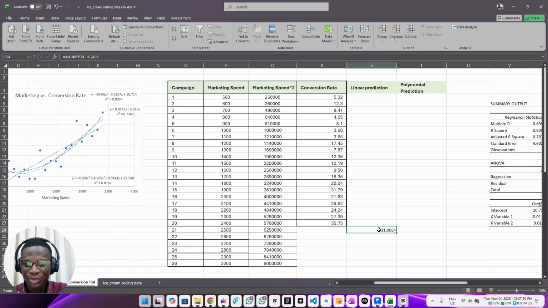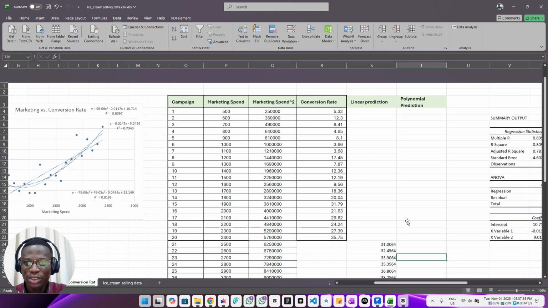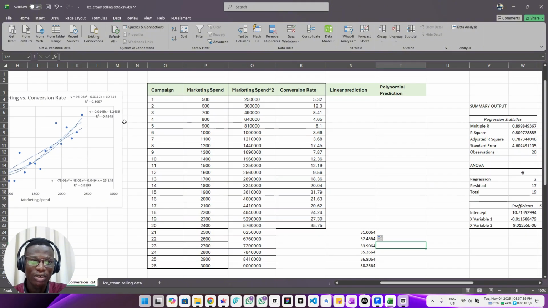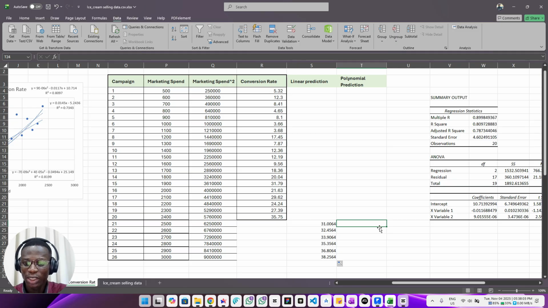And so we can drag it down and see. So this is our linear prediction, right? Basing on these values, we are just using the values that it gave us.